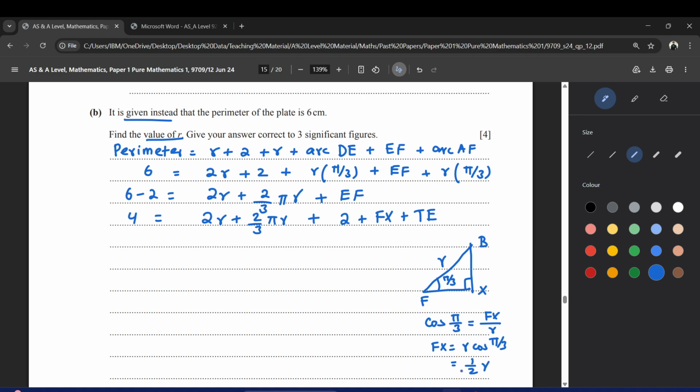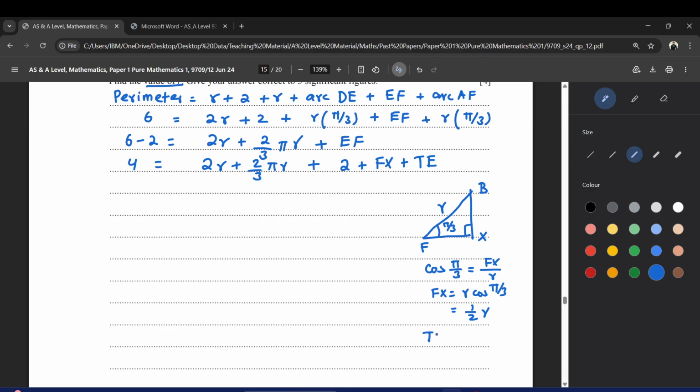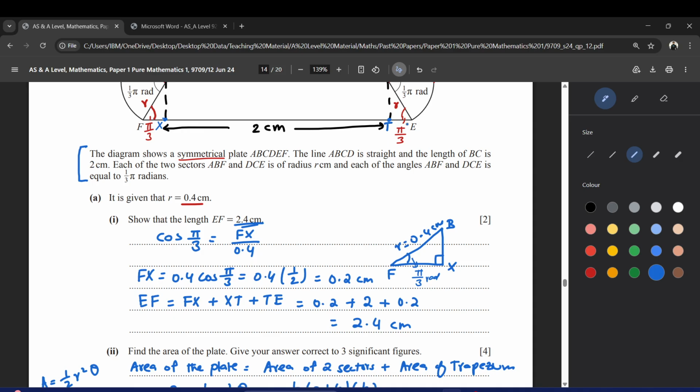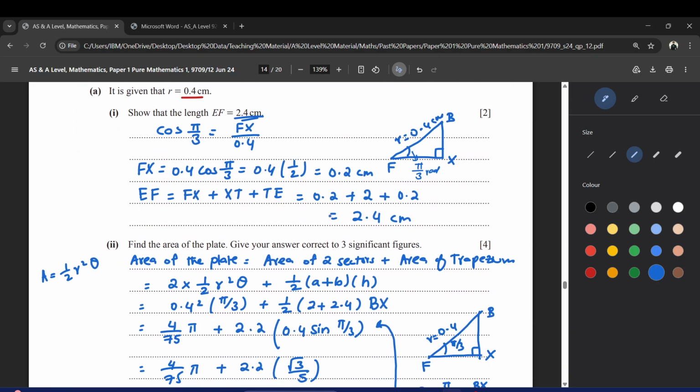So half R. Now we also know that TE is equal to FX, so that is also equal to half R, because there again it is symmetrical, right? So this is also going to be half R. TE is half R and FX is half R. Therefore EF, the whole length, is going to be 2 plus half R plus half R.